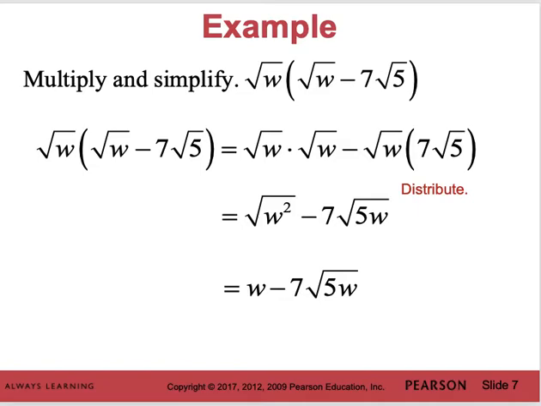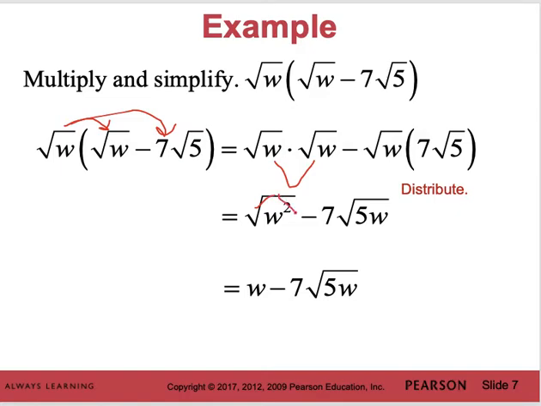Multiply and simplify. Again, distribute w, square root of w times the square root of w. Then the square root of w times the square root of 5. 7 times the square root of 5. And in this case, the square root of w times the square root of w would be the square root of w squared, which we learned cancels out.